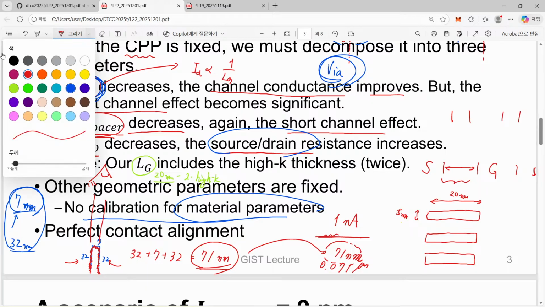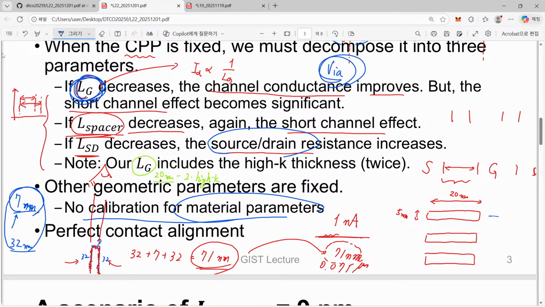Obviously, you would say this one has 5, 20, 20. So one single stack contributes 50 nanometer. And also here you have 50 nanometer and 50 nanometer.